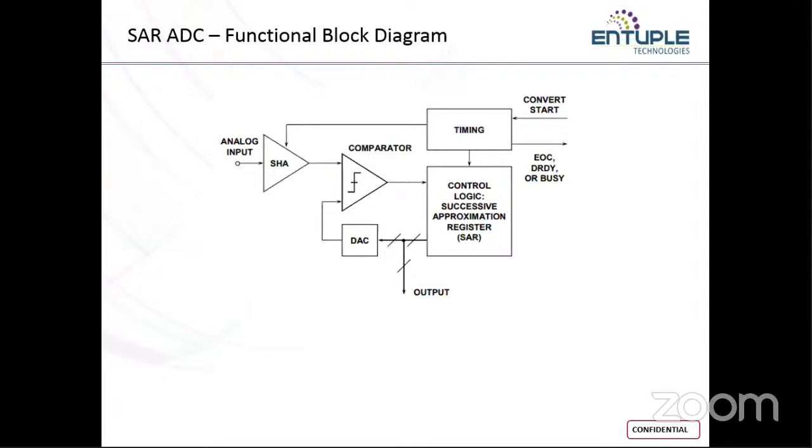Okay, the output of the sample and hold circuit is given to the comparator, and meanwhile it also gets the data from the digital to analog converter. If the data from the DAC is larger than the input, then 0 is sent to the successive approximation register, or else if the input is greater than the output of the digital to analog converter, then 1 is given as the output of the comparator.